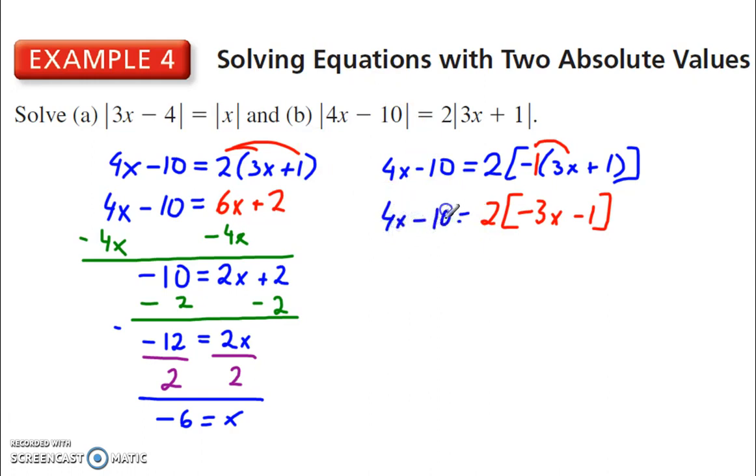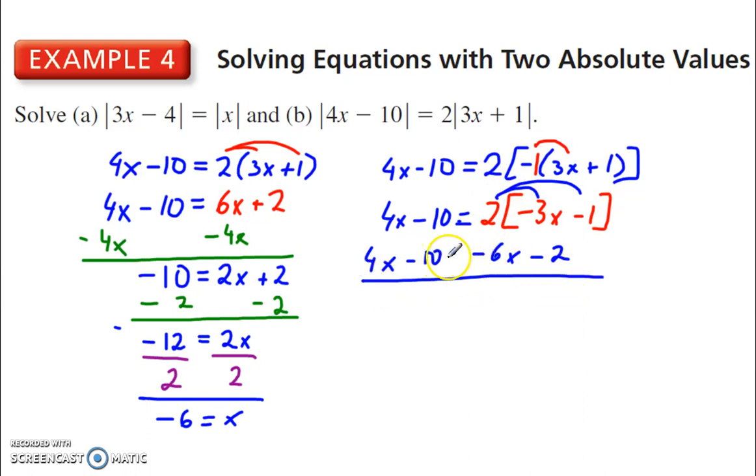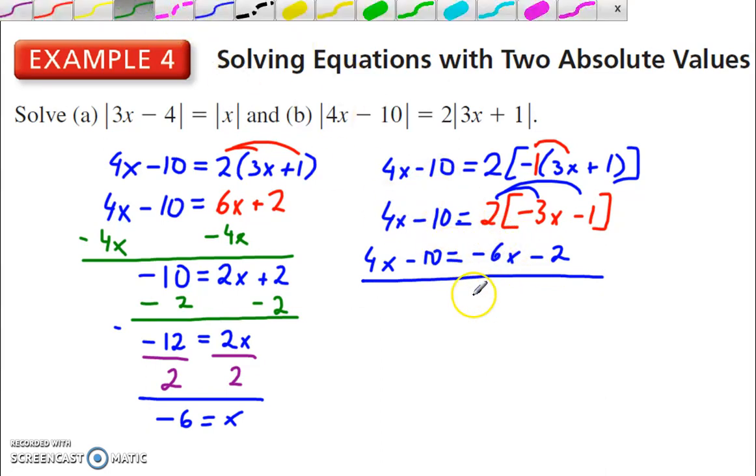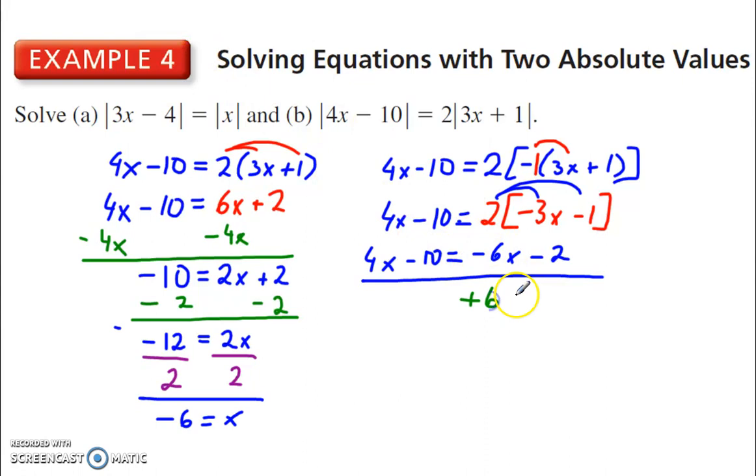4x minus 10. All right, now I do distributive property again. So now I get negative 6x minus 2. This carries down on this side. I'll show you a little trick. We can do this in one step. I'm going to eliminate the smaller variable term, plus 6x.